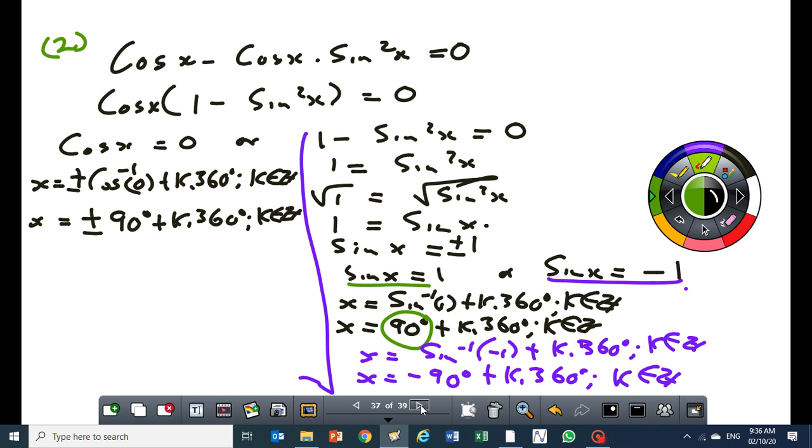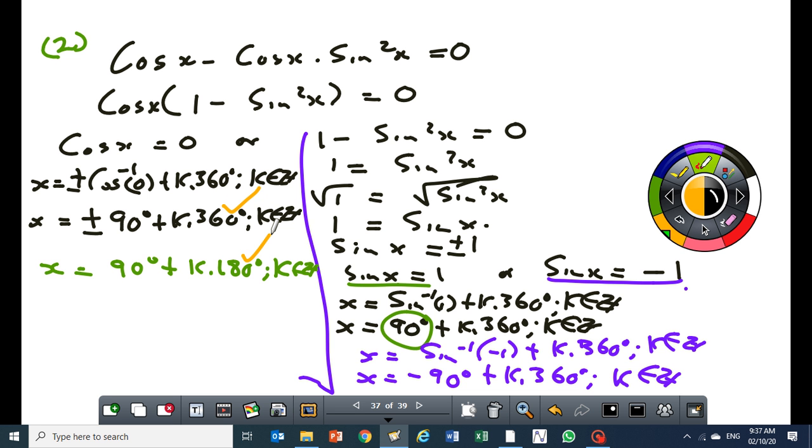So our other answer is going to be x must be equal to 90 degrees plus k times 180 degrees, where k is an integer.